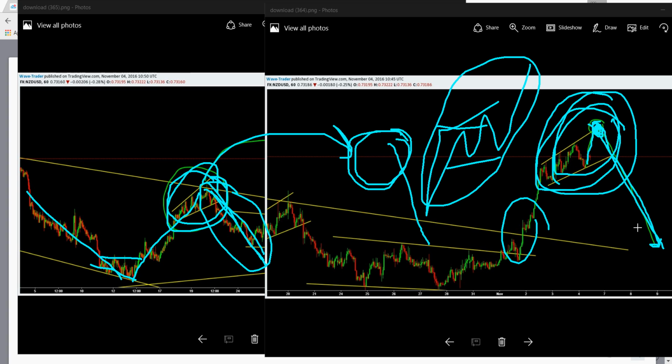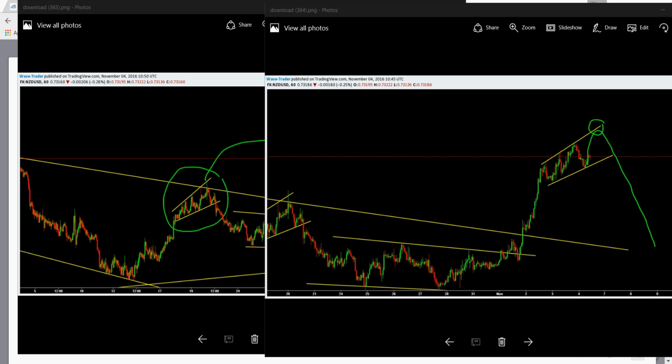So both techniques are different, not the same: the classic chart pattern and Elliott wave theory. This pattern is classic, not a wave pattern. So let's look at where price went after forming this pattern.